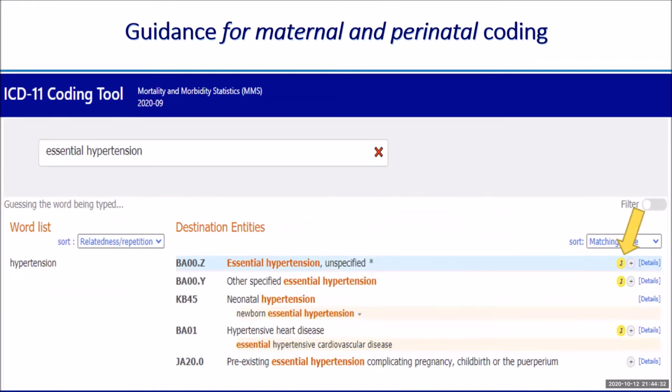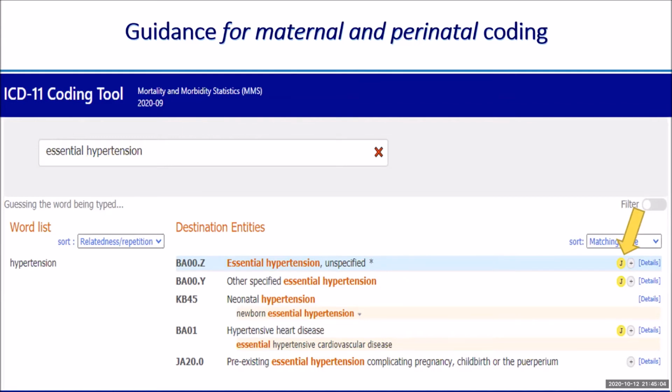More recently, we have also included an additional icon to highlight, for example, the fact if a particular concept is of relevance and importance in the context of maternal or perinatal coding in the ICD-10. For those of you who are coders, statisticians, they know that there was a big problem of misclassification of conditions which are related to pregnancies not correctly reported.